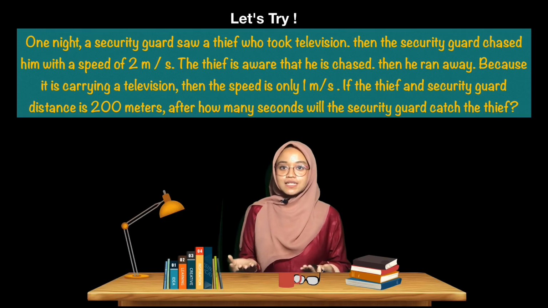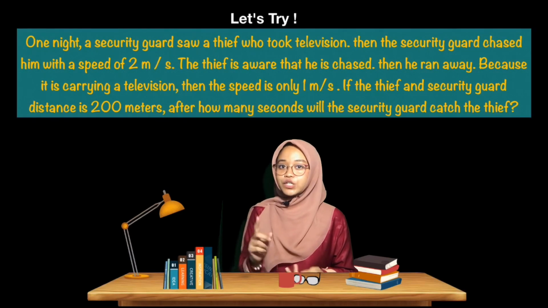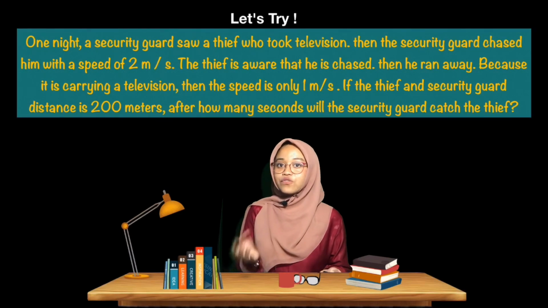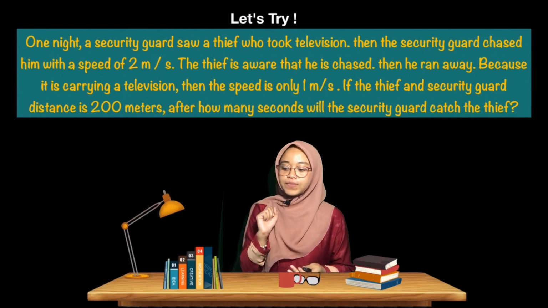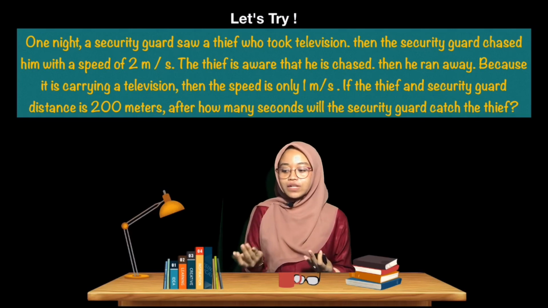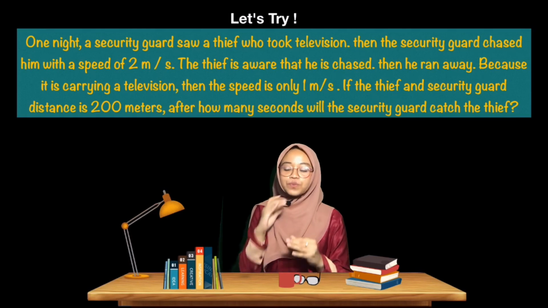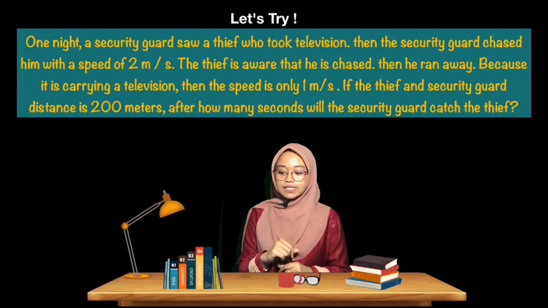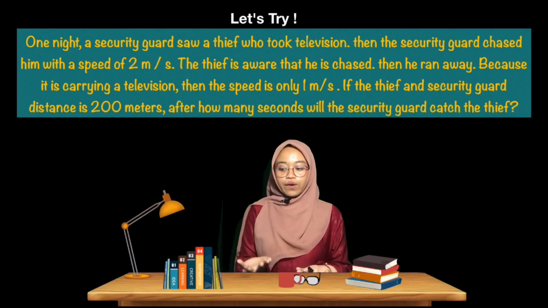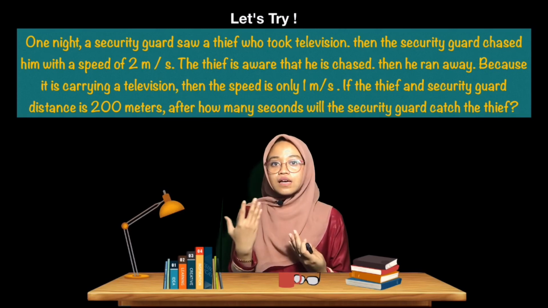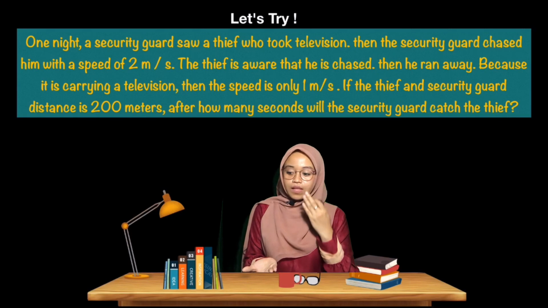Okay, next, another question. One night the security guard saw a thief take a television. Then the security guard chases him with a speed of 2 meters per second. The thief is aware that he is being chased.